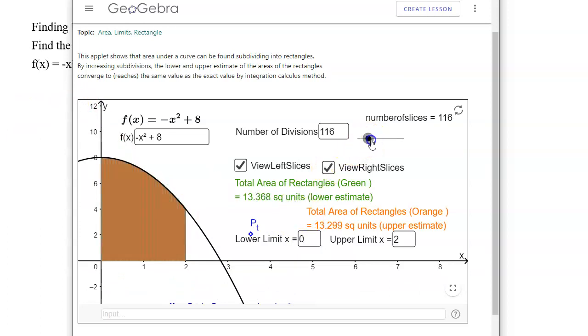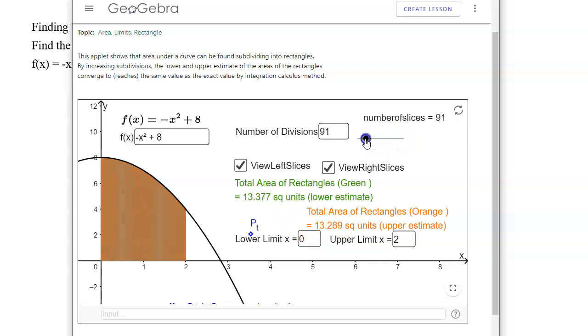We're going to take this out as big as we can. The biggest the computer can do is 500, and your left slices are up to 13.341, your right slices 13.325. So we're kind of zeroing in somewhere around 13.3 if we went clear up to 500 rectangles.